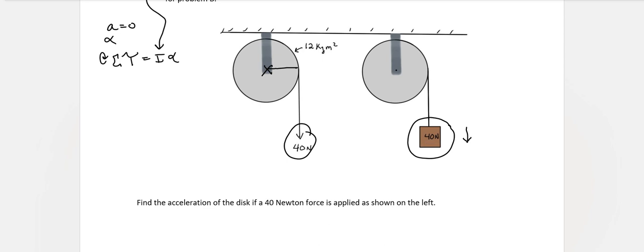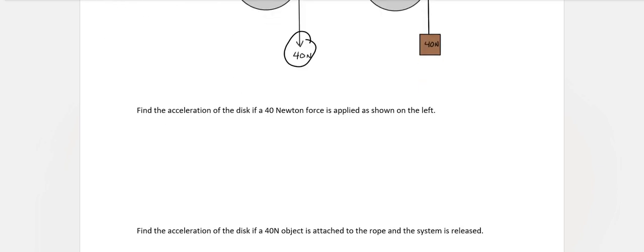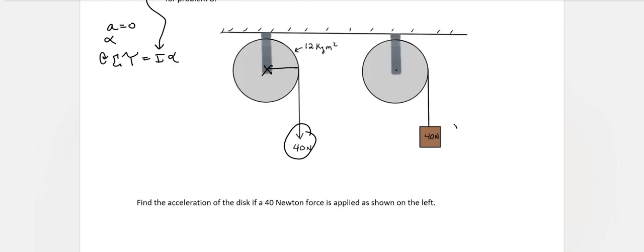The tension is an unknown value. So, getting to working the problem, you draw a free body of this. It should have 2 forces, and then write a Newton's second law equation for it: the sum of all forces equals ma. I would do down positive because that object is accelerating down.